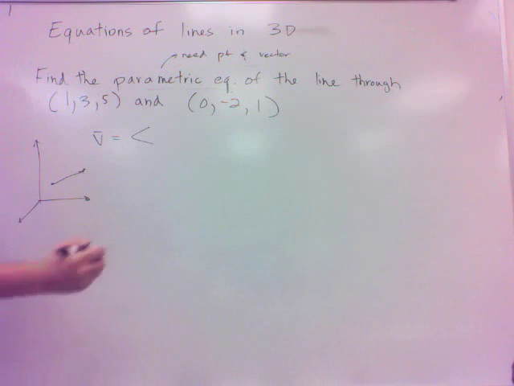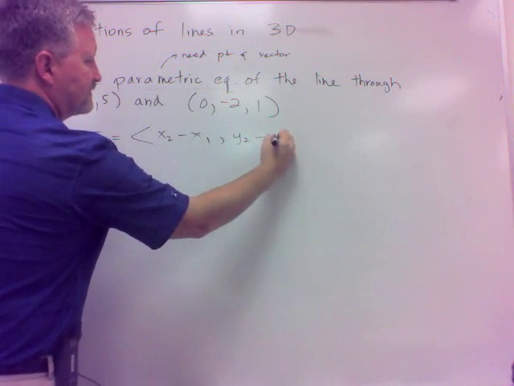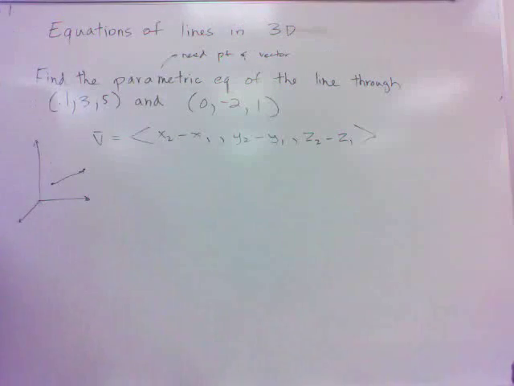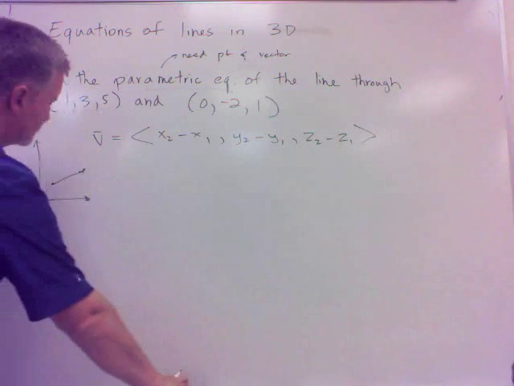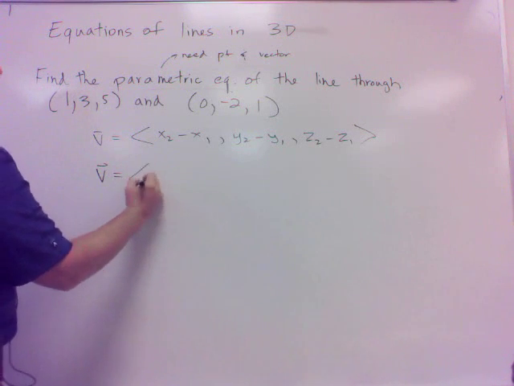By just subtracting the components. And so that's going to be our directional vector for our line here.